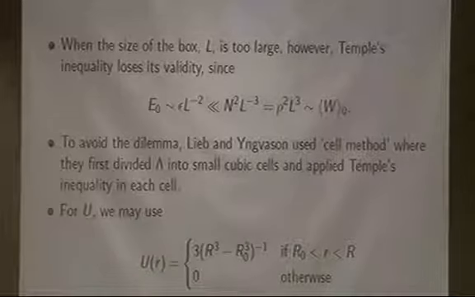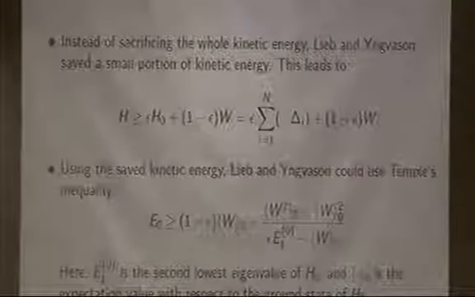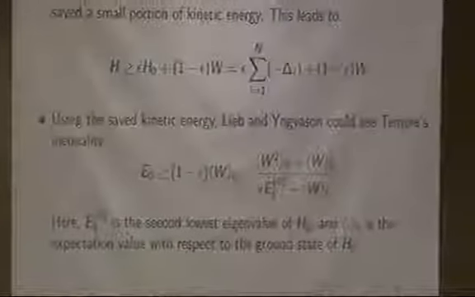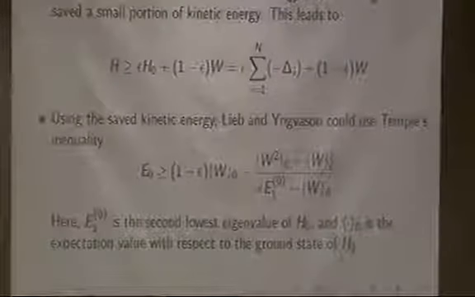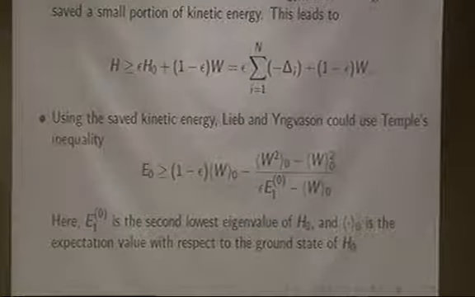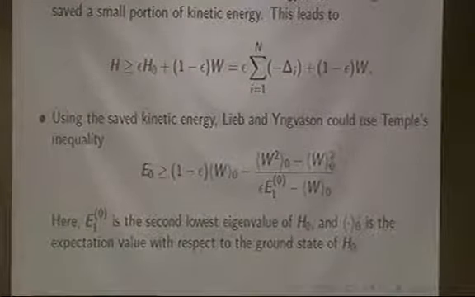Still there's a problem because we still have E1, 0, and no matter how flattened a U we have, L eventually becomes infinity, so this will tend to 0. So perturbation always fails.